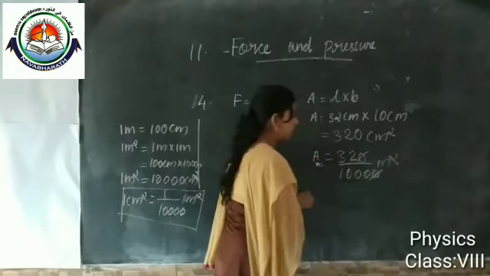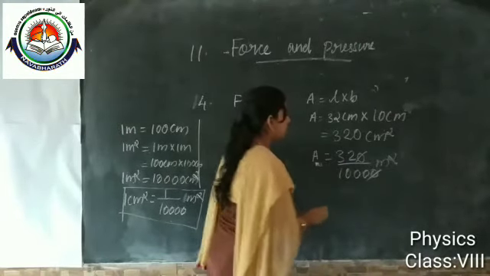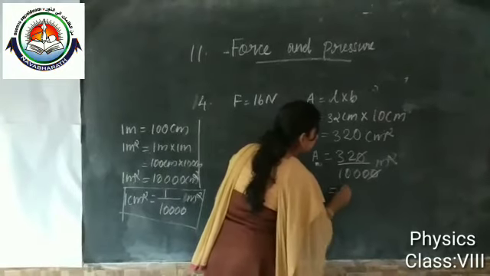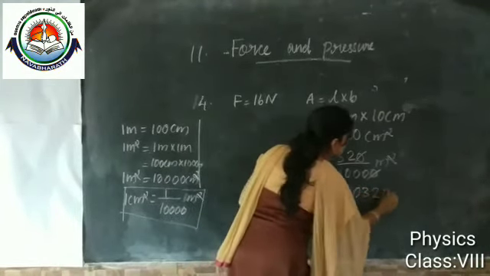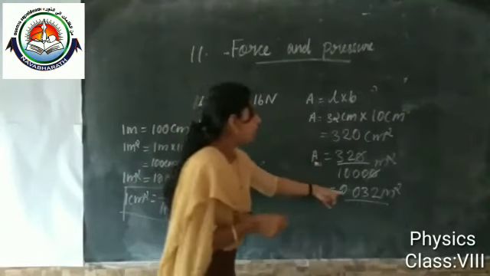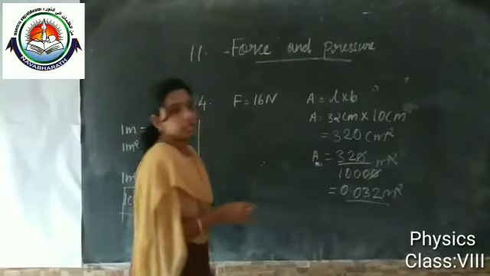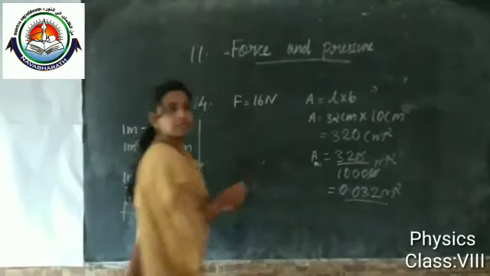0, 0 cancel. 32 divided by 1000. Then what will be the answer? 0.032 meter square. So area is 0.032 meter square. Then what we need to find out? Pressure.